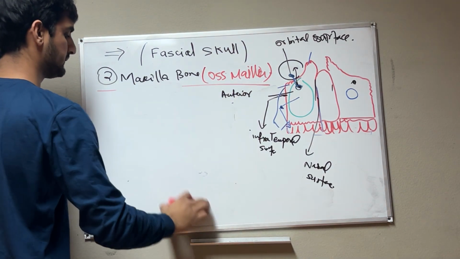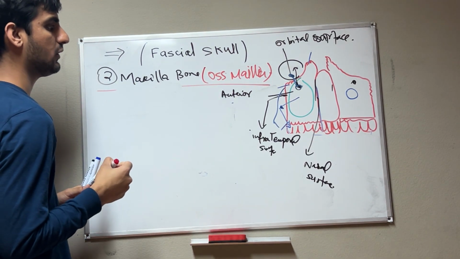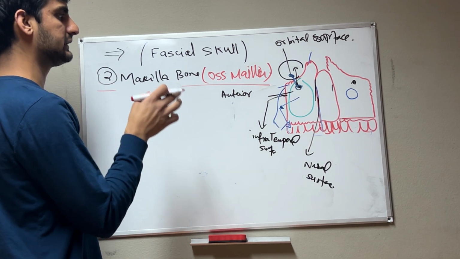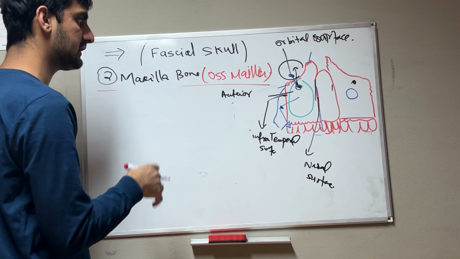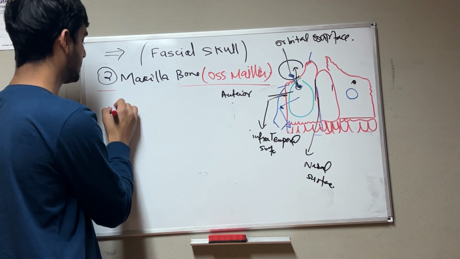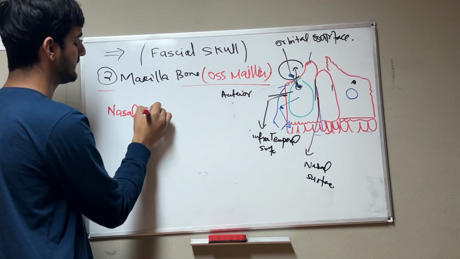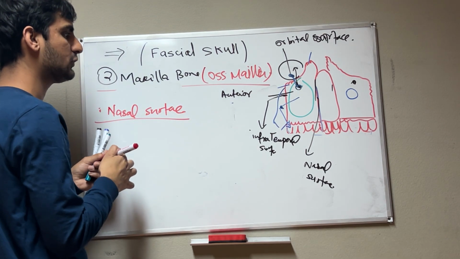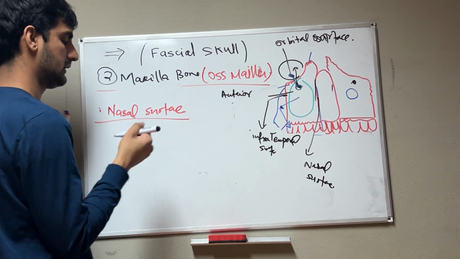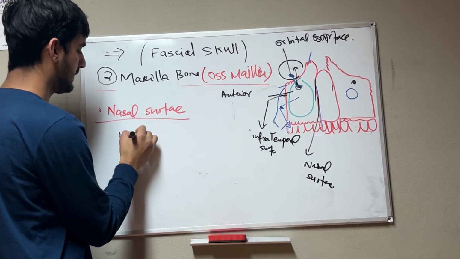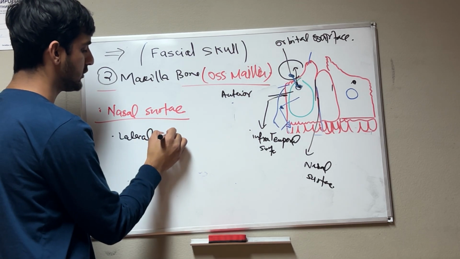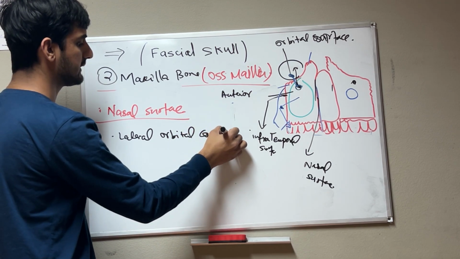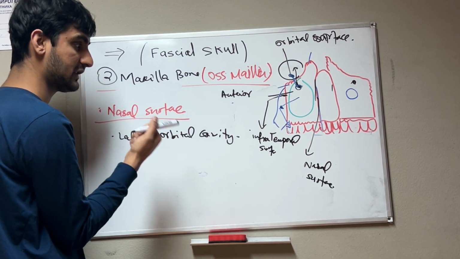Don't forget, we are discussing the body of the maxilla bone and its surfaces. There are 4 surfaces and we have discussed 3. The anterior surface, the orbital surface and the infratemporal surface are done, and the nasal surface remains. The nasal surface is very simple. It forms part of the lateral wall of the nasal cavity, which we discussed already in the topography of the facial skull.